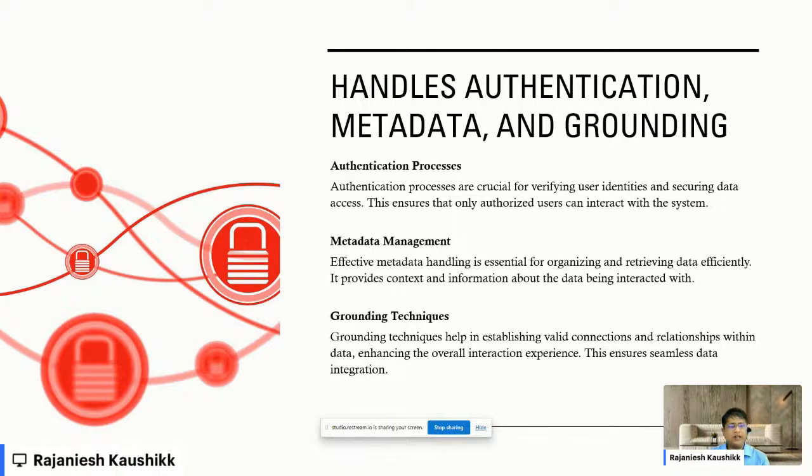These grounding techniques are also handled by the tool, so you don't have to worry about all these. This is where the whole value comes, because as a user, you don't have to develop these from scratch. The tool does it on its own.